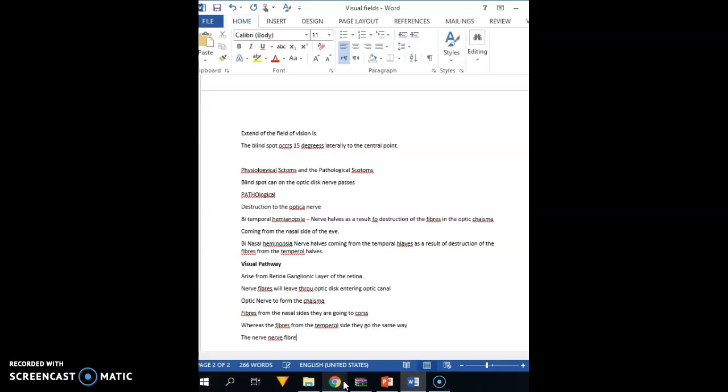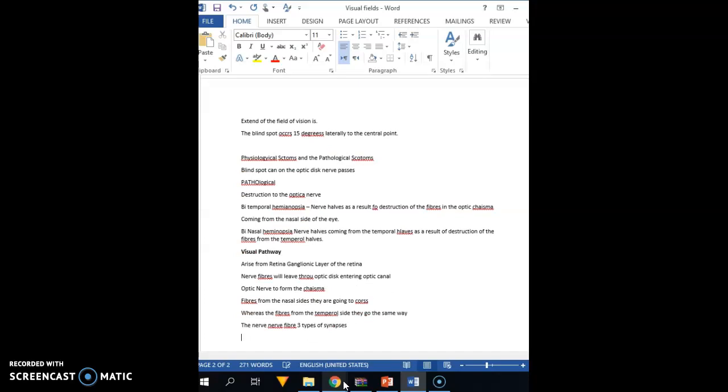They can essentially form three types of synapses. The first type of synapse would be in the superior colliculus nucleus.